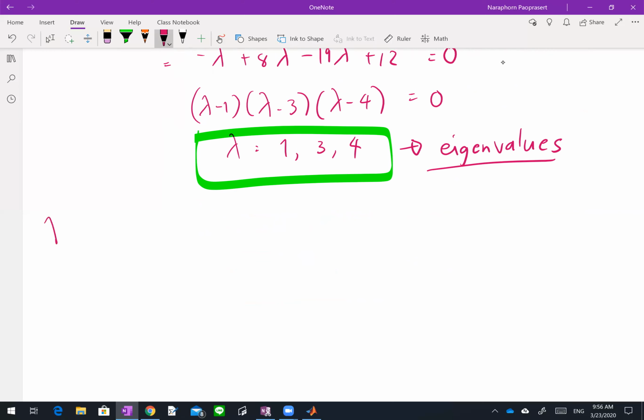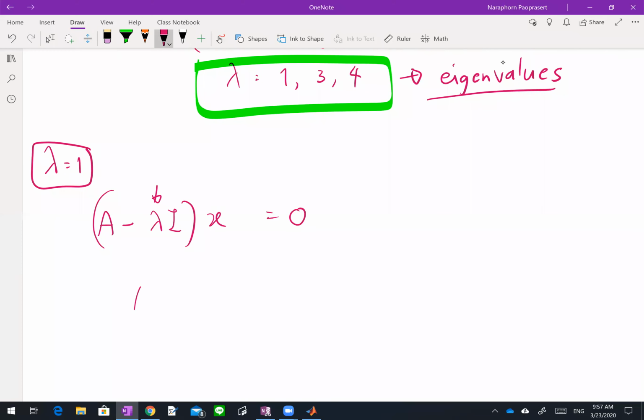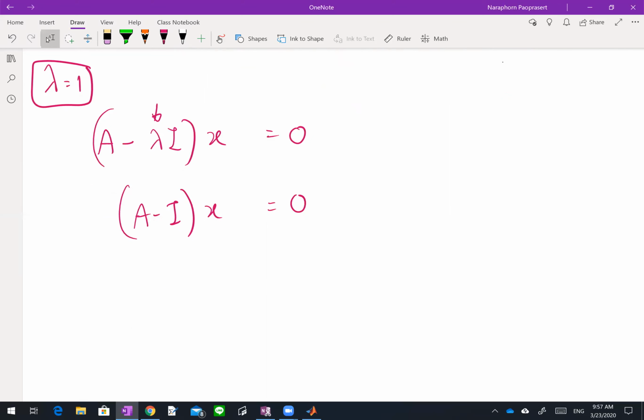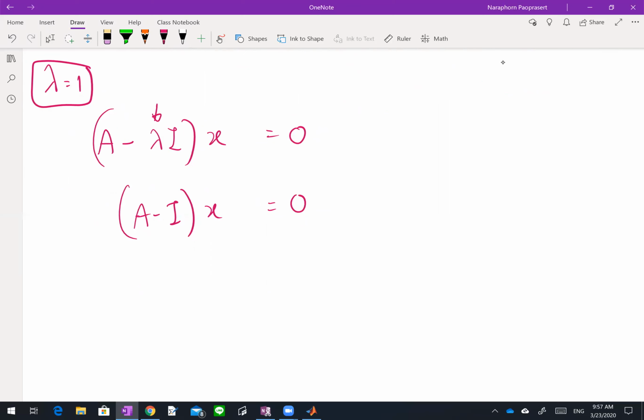So let's just begin with lambda equals 1. When lambda equals 1, from previously you have (A minus lambda I) times x equals 0. So you plug in lambda equals 1 here: (A minus I) times x equals 0.